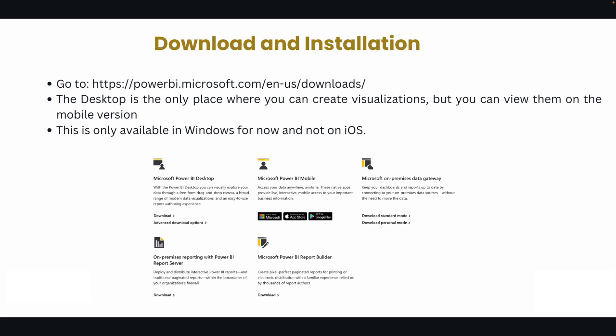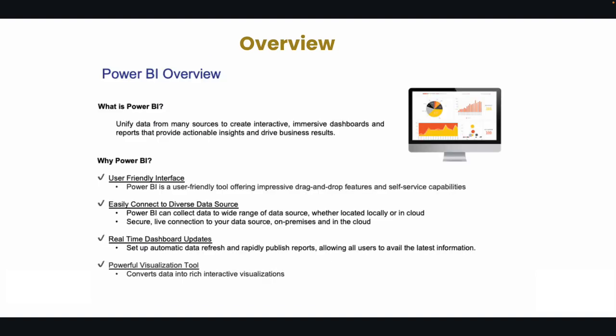As of this video, this is only available in Windows and not on iOS. Power BI is able to unify data from many sources to create interactive, immersive dashboards and reports, provide actionable insights, and hopefully to drive business results.